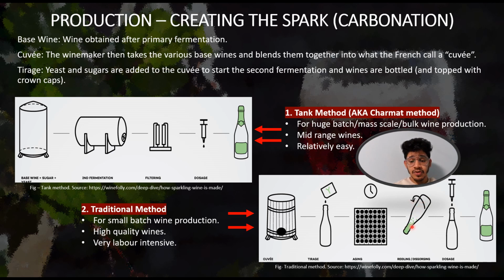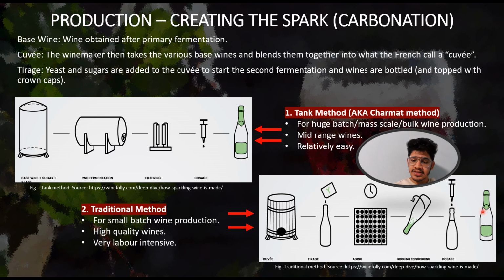This lees is frozen and at a pop this lees gets removed. After the lees is removed, some additional dosage of yeast and sugar is added and the bottle is corked and closed. So the additional dosage will help the bubble formation, that is the carbonation.